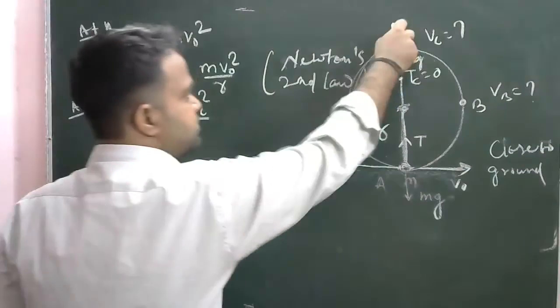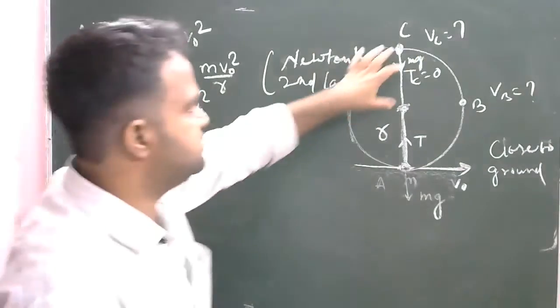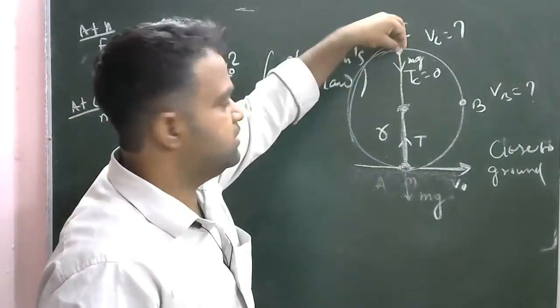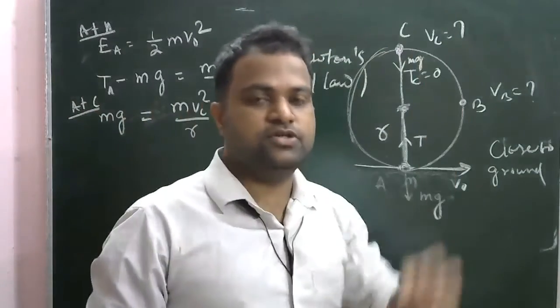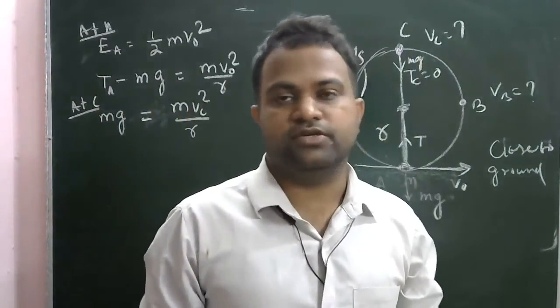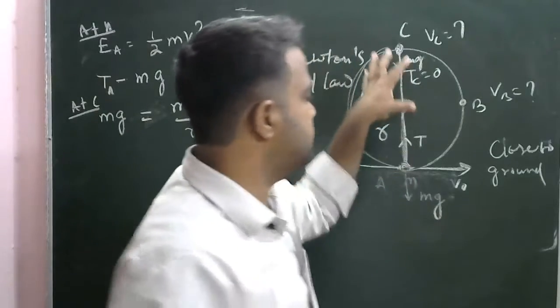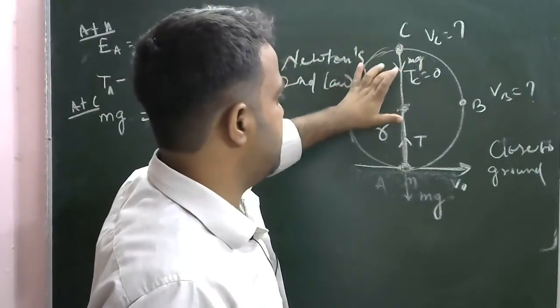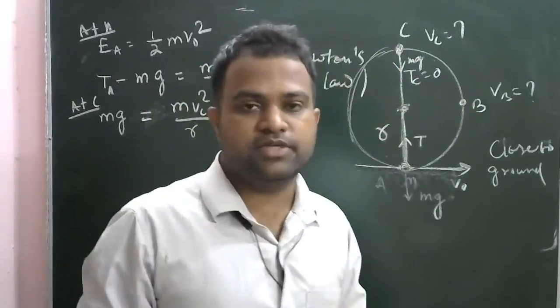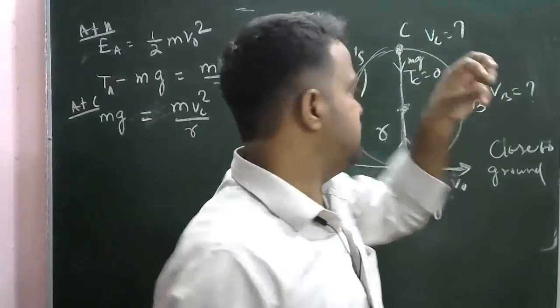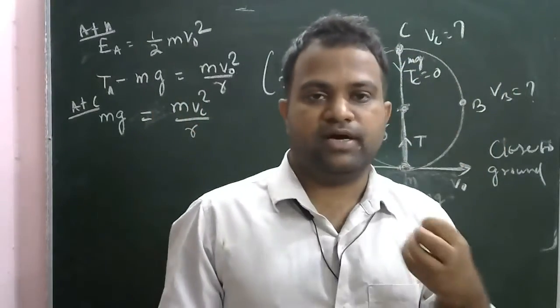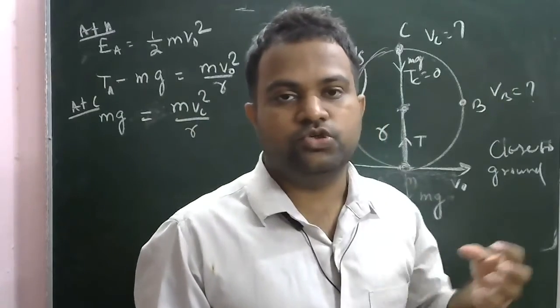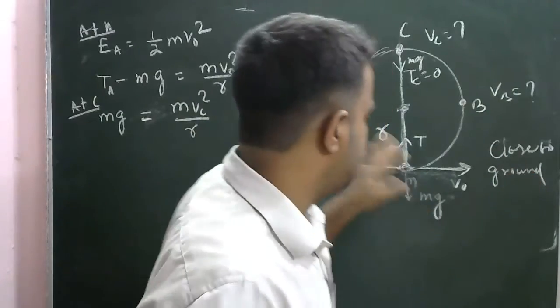And what is the energy here? The object is already at a certain height, so it will have potential energy. What will the potential energy be? The height is r plus r, which is 2r, so at position C the mass m is at a height 2r from the ground.